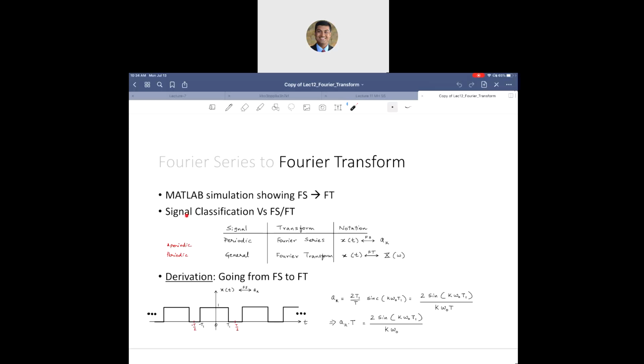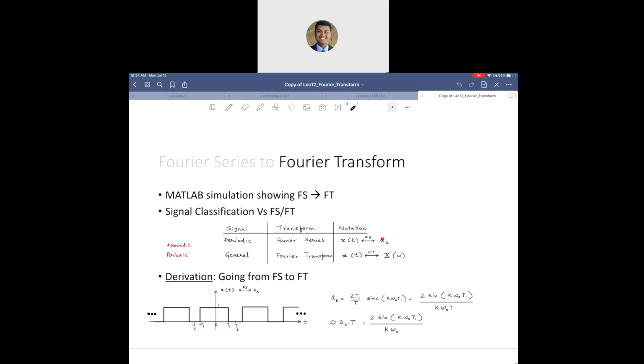But first, let's talk about signal classification versus the Fourier series or Fourier transform. When the signal was periodic, we applied the Fourier series to find the a_k, the Fourier series coefficients, whether exponential or trigonometric Fourier series coefficients.